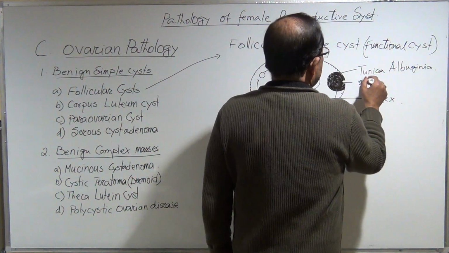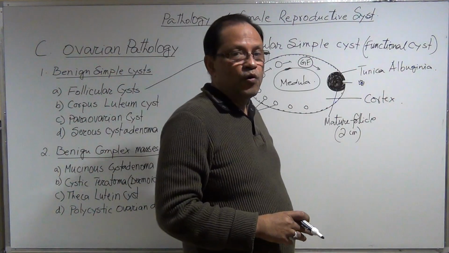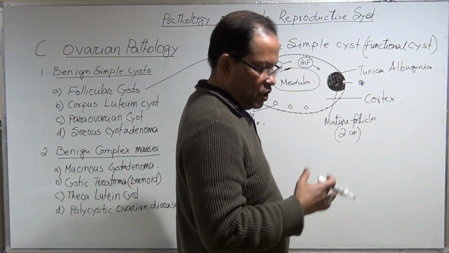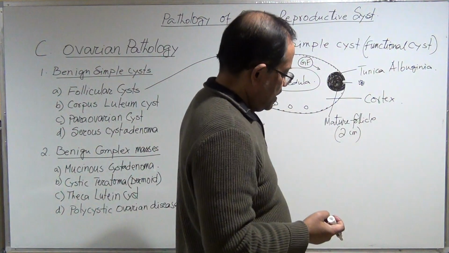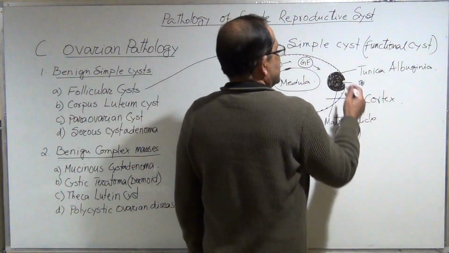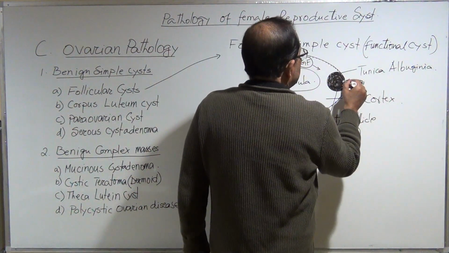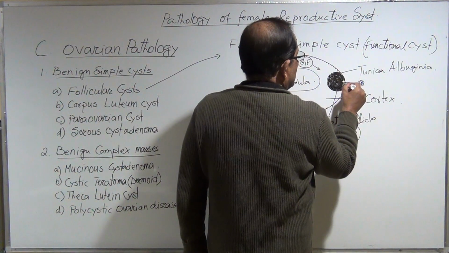The egg is getting out with the cells around it. And you know that corona radiata and zona pellucida, those are the cell layers there. And now, as soon as ovulation is done, this wall will be sealed.